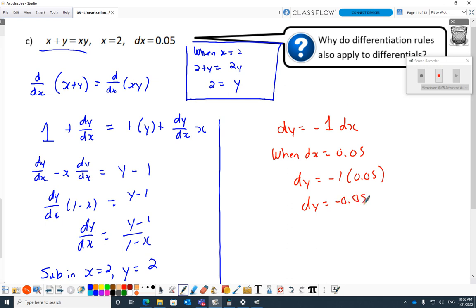And dy is the change in y of the tangent when we move dx.